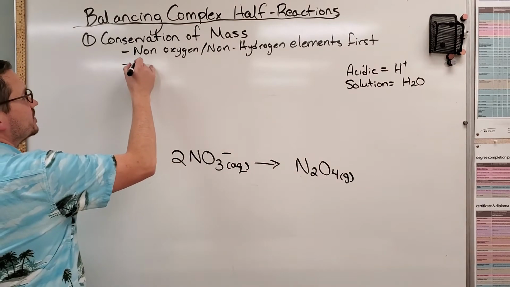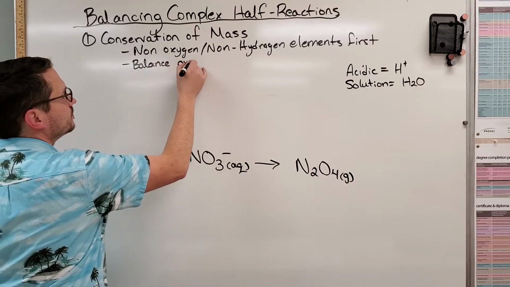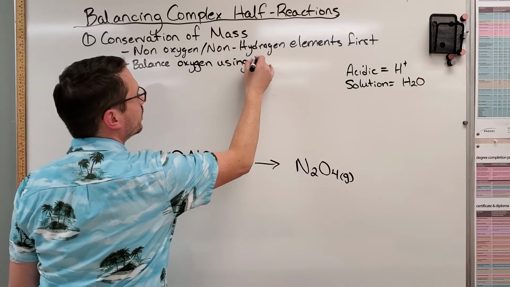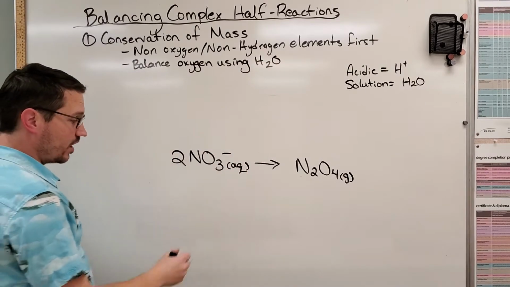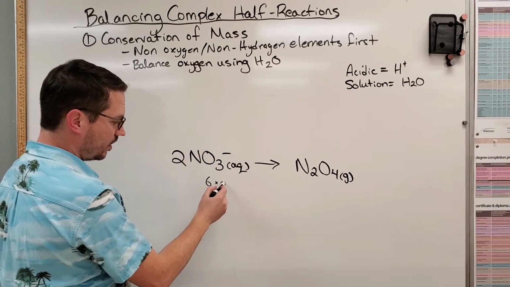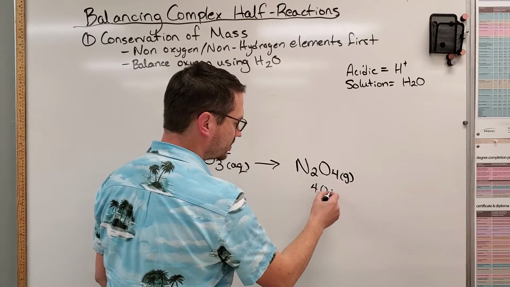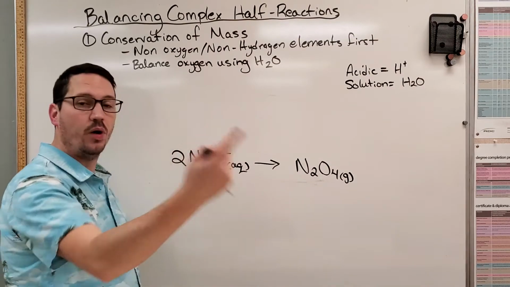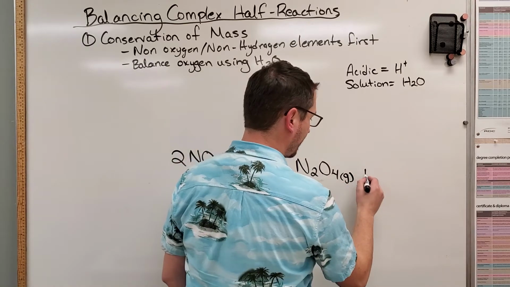We want to balance oxygens using water. So I see that I've got 6 oxygens on the one side and only 4 oxygens on the other side. So I need to add 2 oxygens in the form of water on the product side.